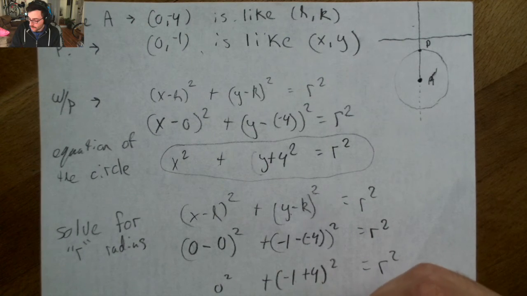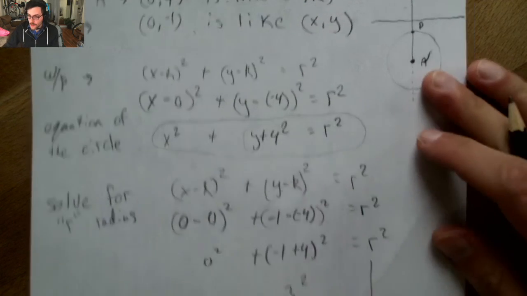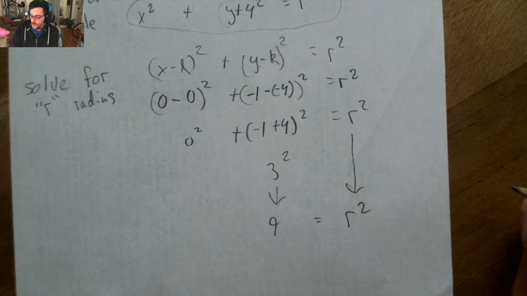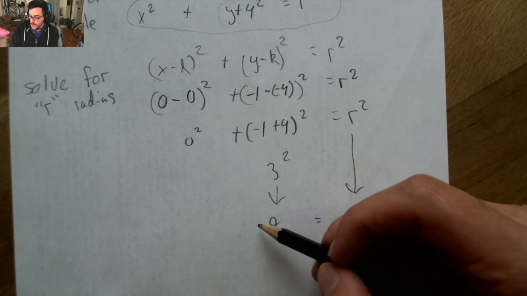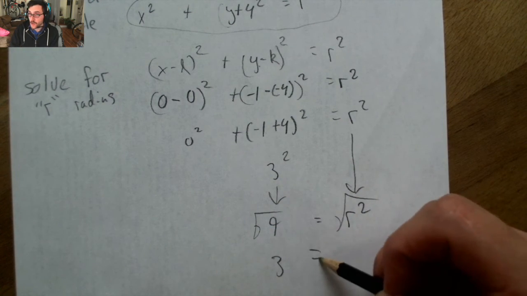Here we're going to have 3 squared, which is 9. Then we can square root everything, and we have 3 equal to r.